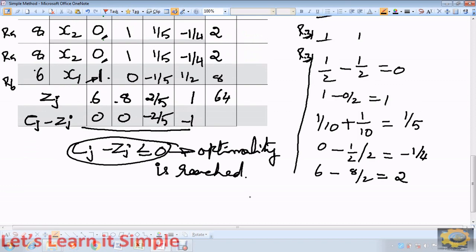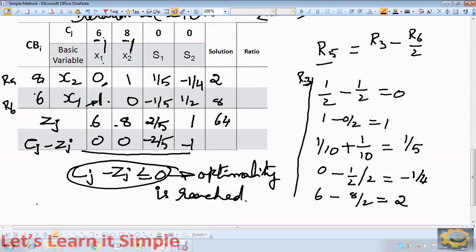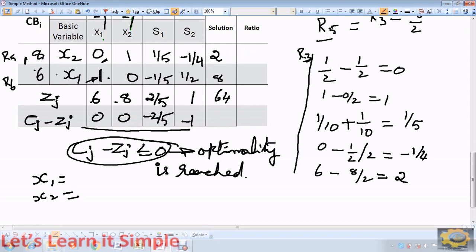So once it is reached, now the solution is, so we have x1 and x2 in the solution space. The value of x1 is 8 here, and the value of x2 is 2.